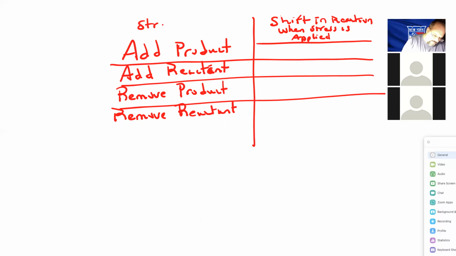Right, so here's your stress. You could add product, you could add reactant, you could remove product, you can remove reactant.